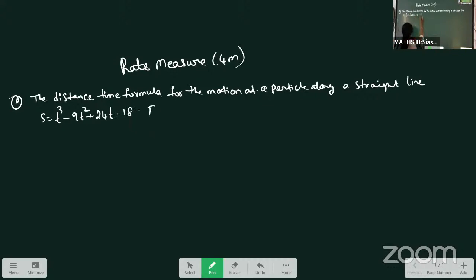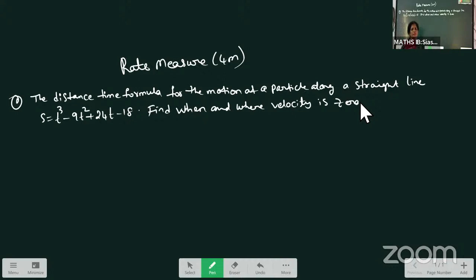Find when and where velocity is 0. Find when and where velocity is 0.